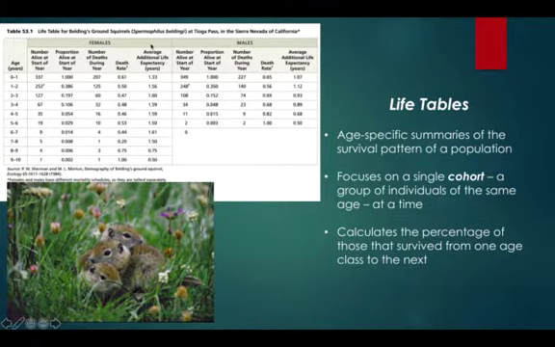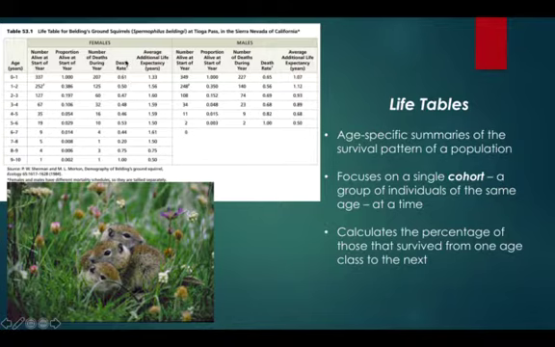So this is just female, so we'll just go ahead and start here. We have ages 0 to 1, 1 to 2, 2 to 3. And the number alive at the start of the year, we start off with a lot, and gradually they decrease, they decrease, they decrease. And the number of deaths, because this is decreasing, is also going down. And so you can get a death rate or the survivorship likelihood of our individuals.